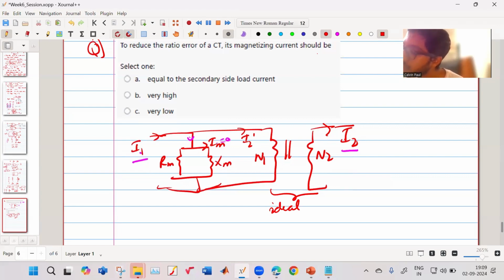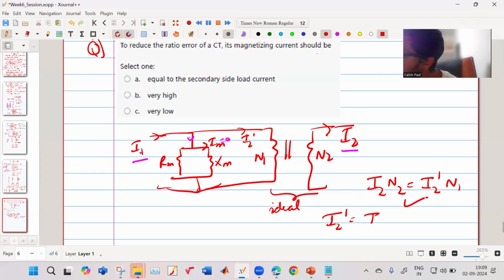In this ideal transformer, what do we have? We have I2 N2 is equal to I2 prime N1. What is I2 prime? It is a reflected equivalent current of the secondary in the primary. So this is valid. So this is okay. But what happens is this I2 prime is equal to this I1 minus this magnetizing current. So this is what is causing the error.